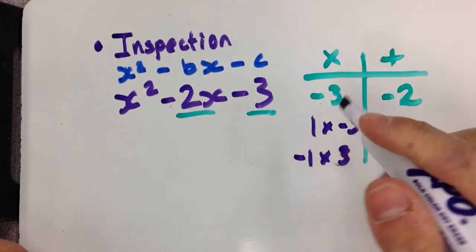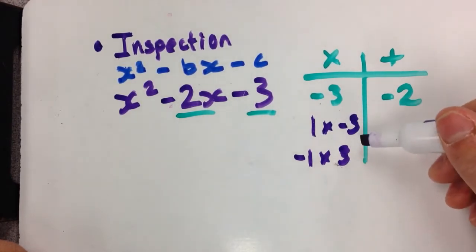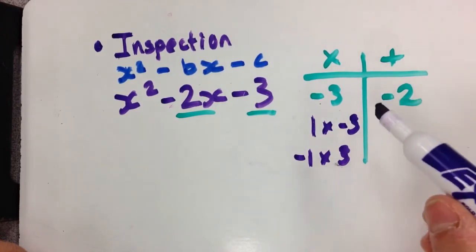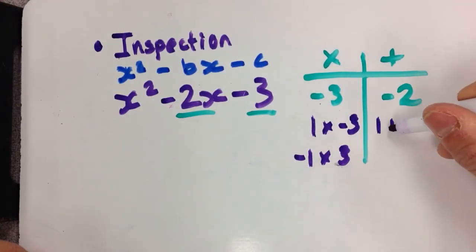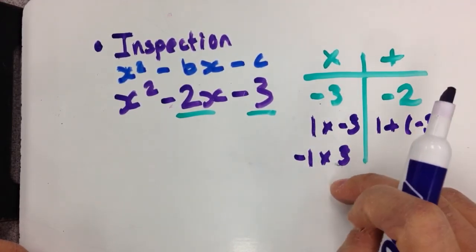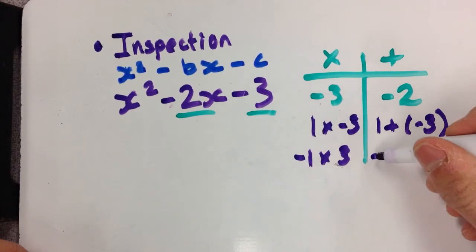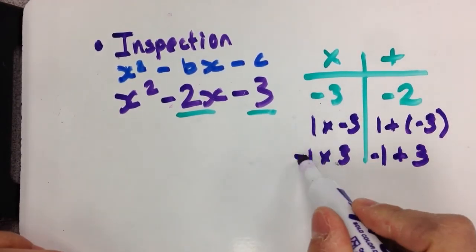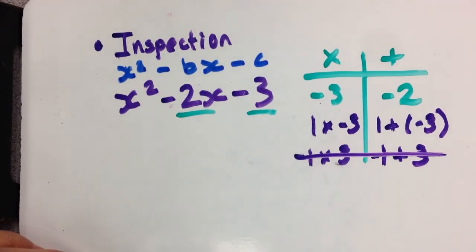But which one of these pairs of integers will also have a sum of negative 2? Well, 1 plus negative 3 has a sum of negative 2. And if I look at the one below, negative 1 plus positive 3 is going to give me positive 2. So I know it can't be these integers.